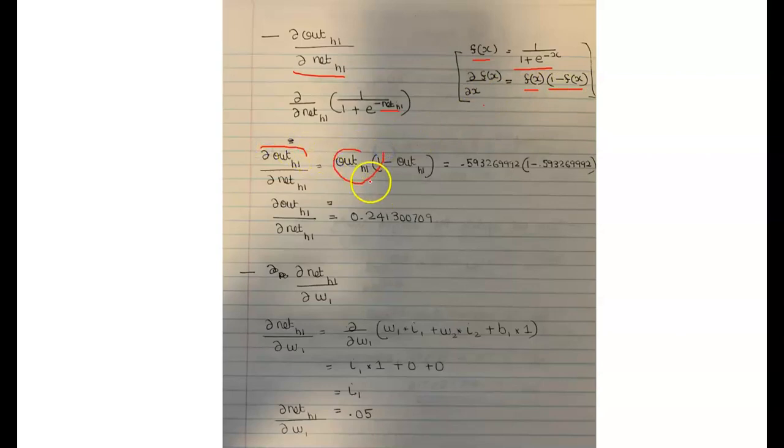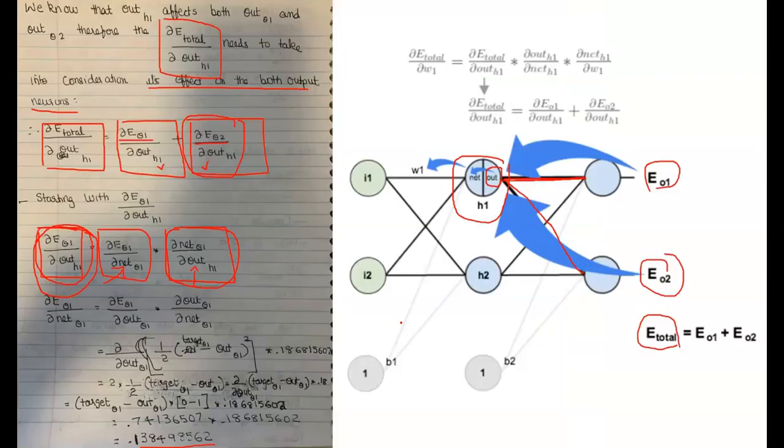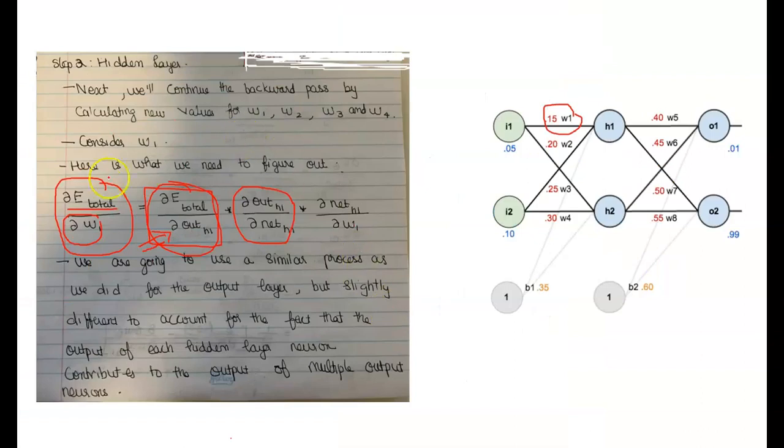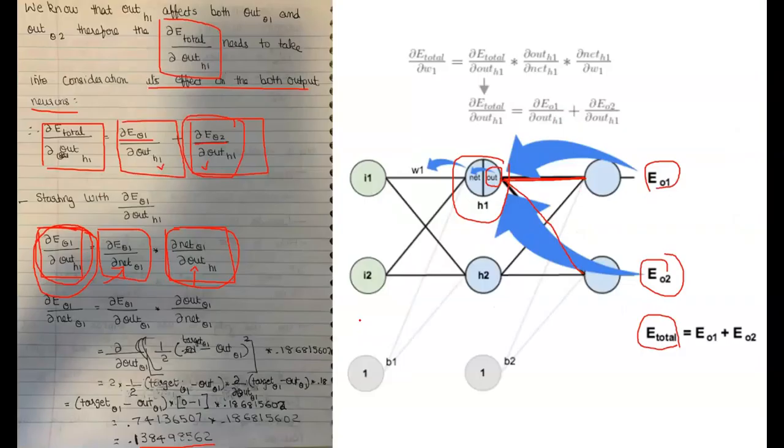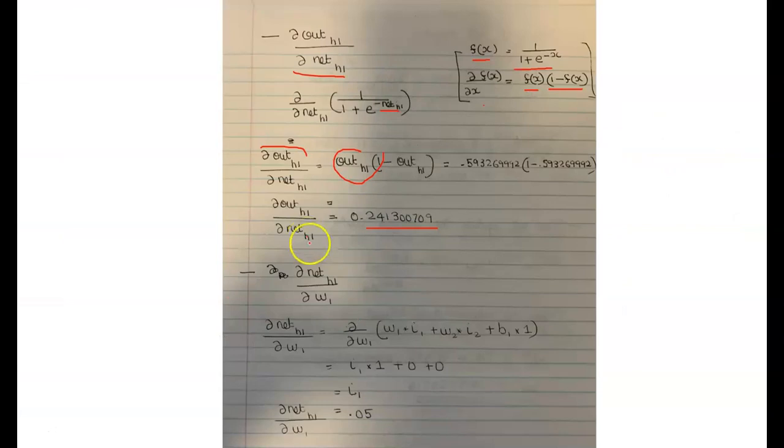Right? So out H1 into 1 minus out H1, and we get this particular value. And then after that, we have to find the final component of this equation, which is dou net H1 divided by dou W1. So let us go ahead and find that.